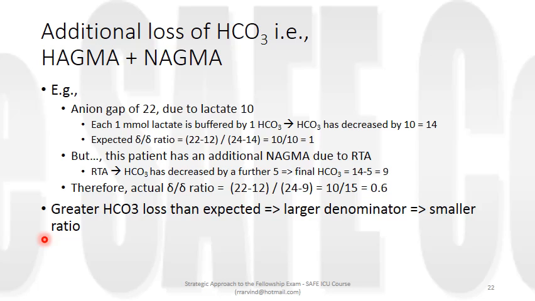What's happened here is that the bicarb loss being greater than expected has resulted in the denominator becoming larger than expected, and therefore the ratio has become smaller than expected, a lower ratio.